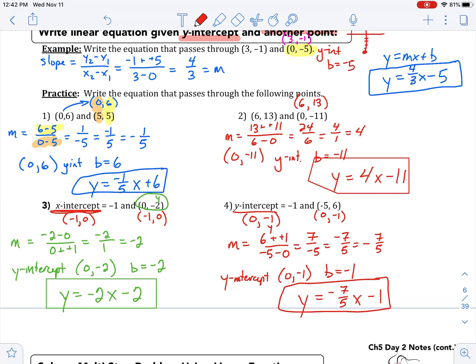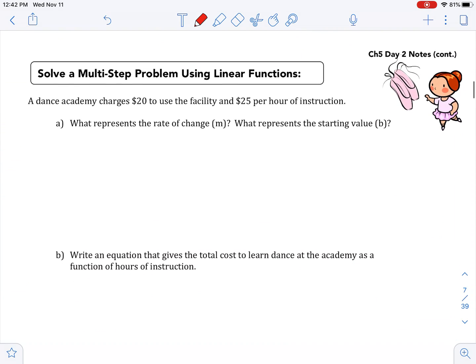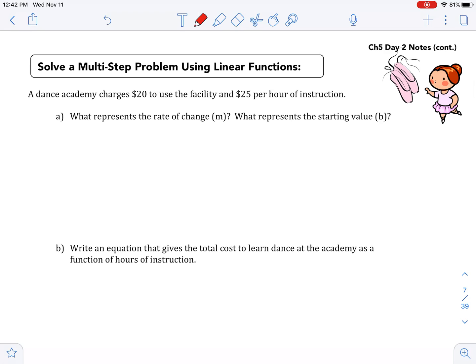We got some very good practice here. And the last thing I would like to wrap up is what happens when we get into some word problems. We shouldn't be overly intimidated by word problems, because we know that in y equals mx plus b form, the m represents the slope, which is also thought of as a rate of change.